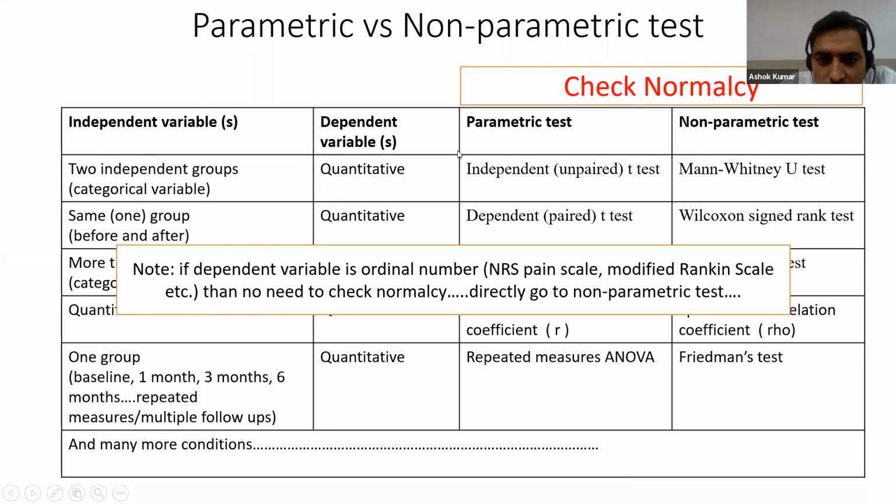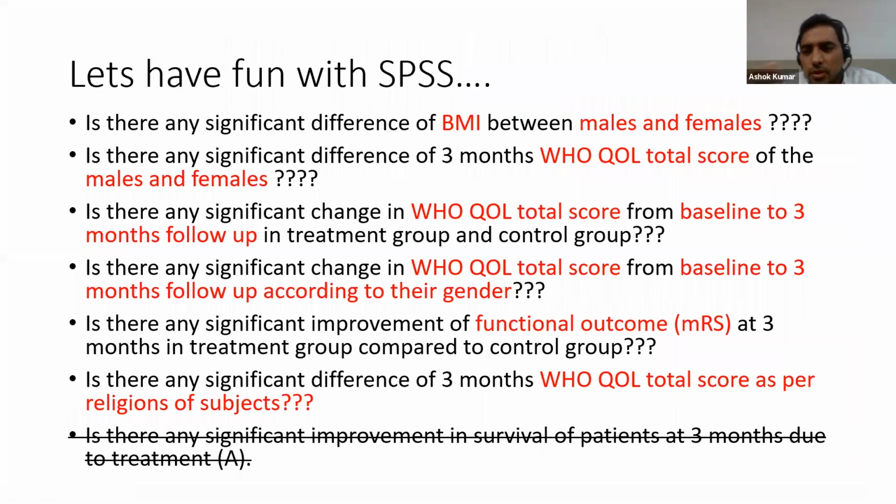If BMI follows normal distribution, I have to use the independent t-test. Otherwise I have to go for Mann-Whitney. Suppose I have checked the normal distribution of BMI, and it is normally distributed. Then I have to go for the independent t-test.